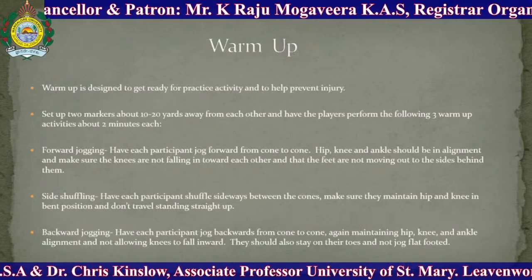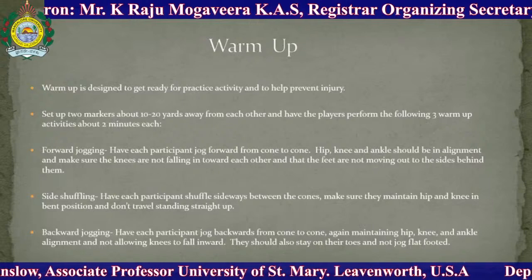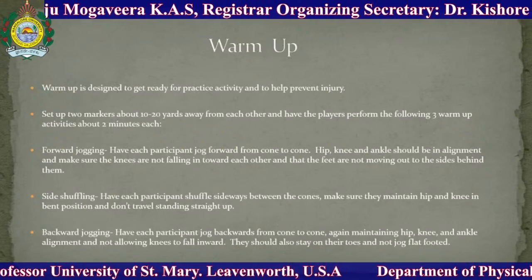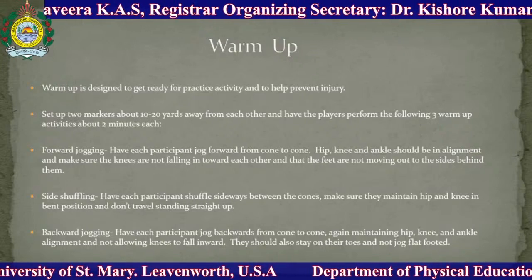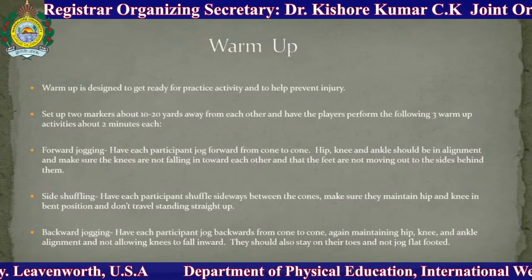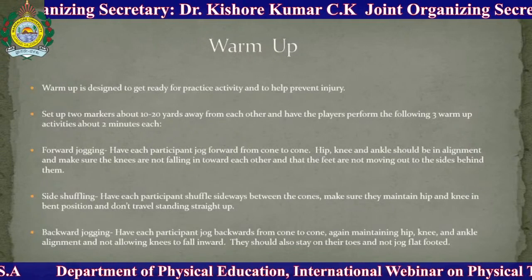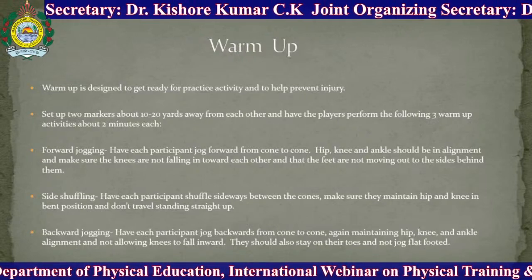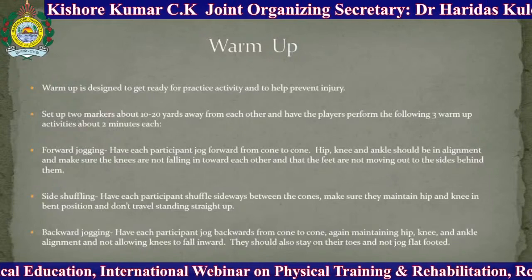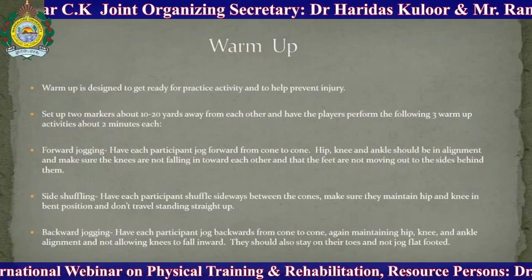The warm-up helps to get the muscles engaged with higher blood flow, and makes them more pliable and flexible. Simple things like forward jogging, side shuffling, and backward jogging all seem to be correlated with reducing injuries if we just get these individuals loosening up before they start a very high level athletic activity.